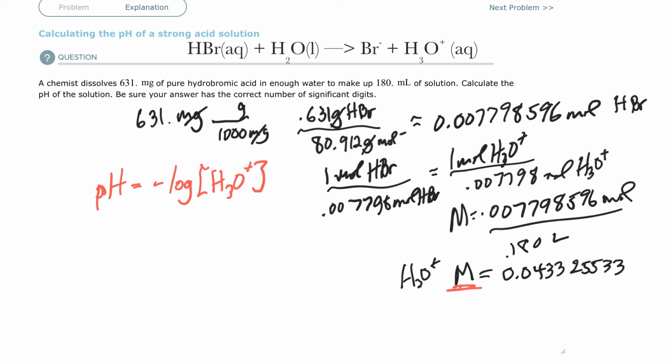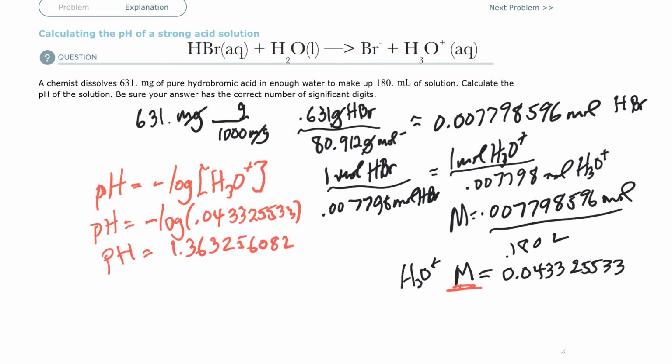So it's going to be the pH equals negative log of 0.043325533. So I put that in, I push log, then I push negative to take it off, and you'll see that the pH is 1.36325608.